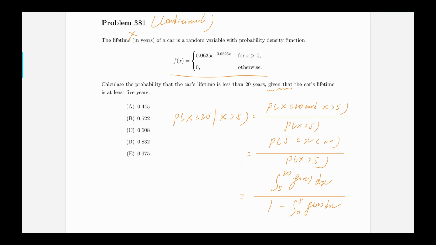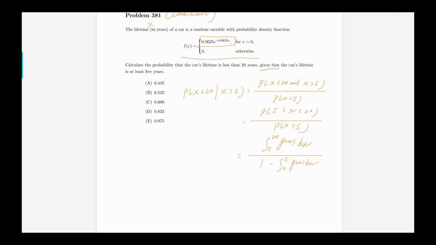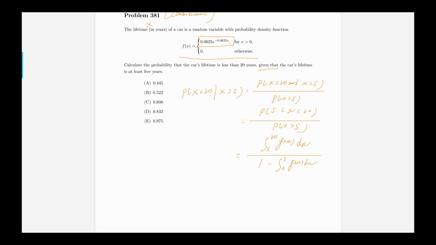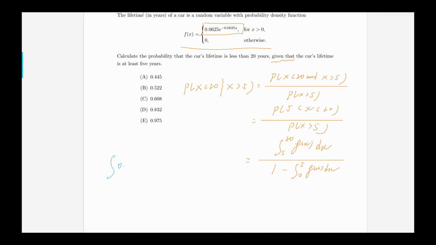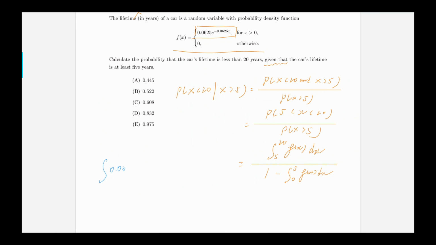And this is our f(x), since everything here is greater than 0. And so basically we just need to solve for this integral. If I can find the integral of this, I can just calculate everything. So all the things left are about doing this integral.